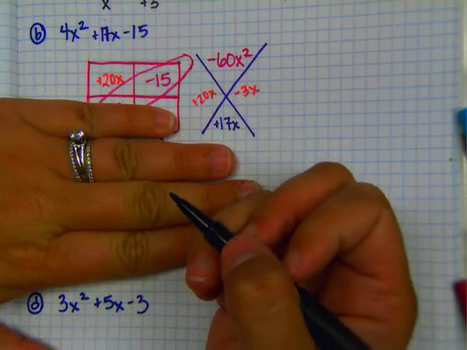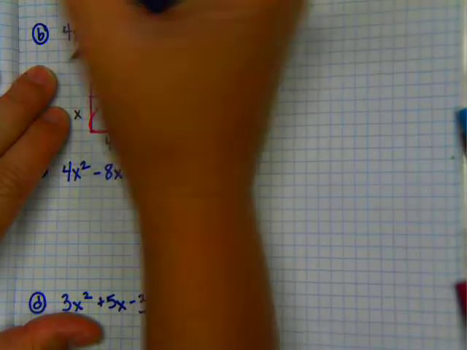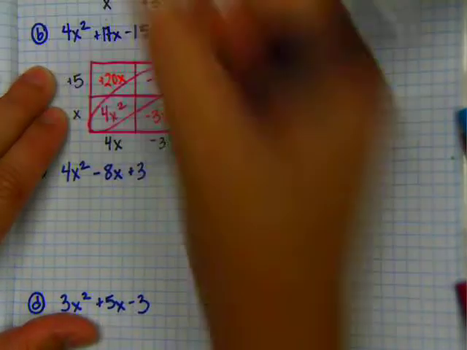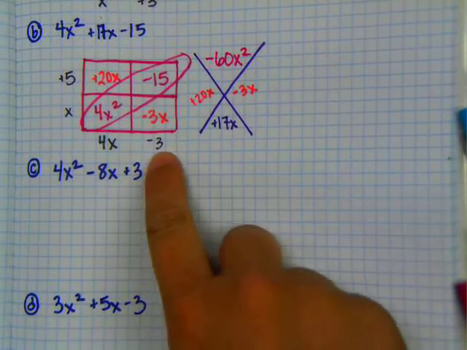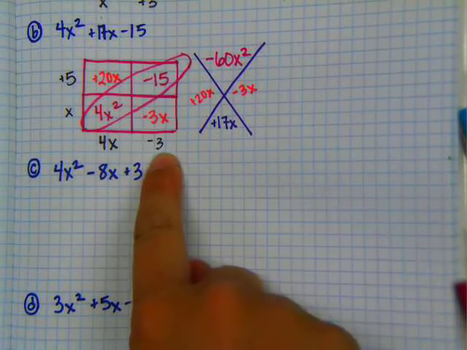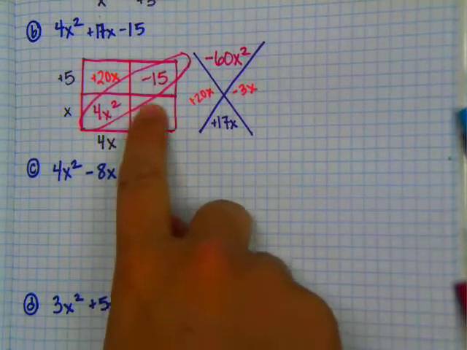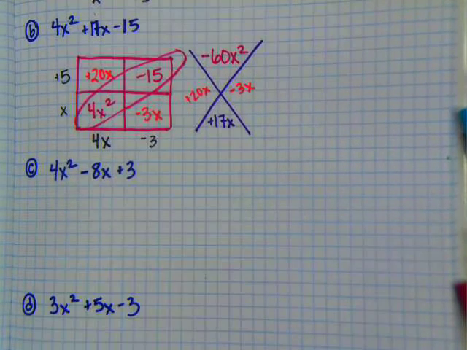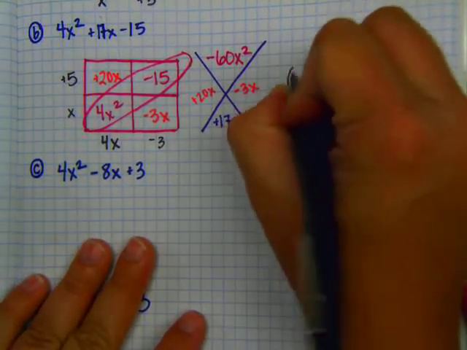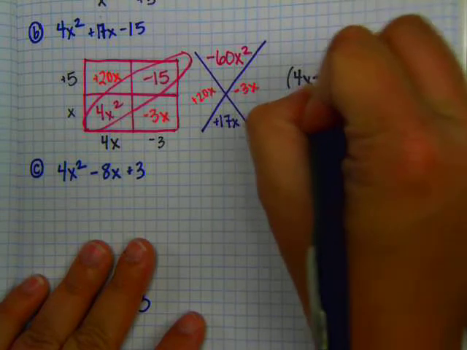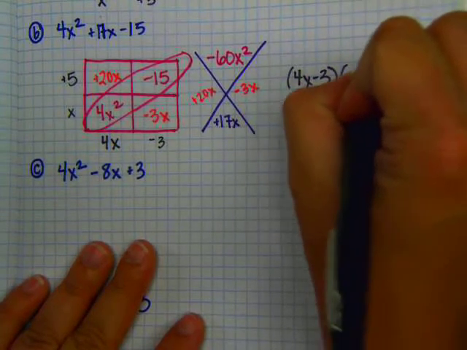And 20x and negative 15 have a positive 5. The reason I put a negative 3 here is because they both are negative here, and I can pull that out. Another way to remember that is whatever's closest here, that's going to be the sign of that number. So this should be 4x minus 3 times x plus 5.